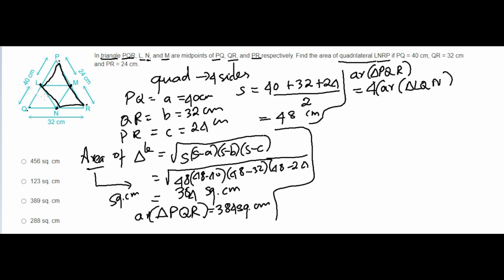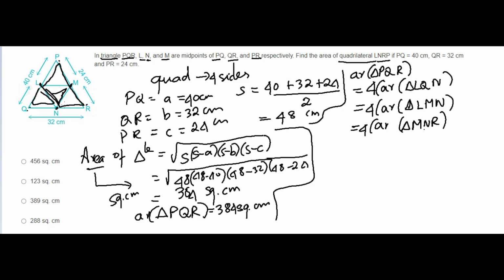First take this triangle LQN, which is also equal to 4 times the area of triangle LMN. Follow me very carefully. LMN is the center triangle. Consider the center triangle LMN, which is also equal to 4 times the area of triangle MNR.